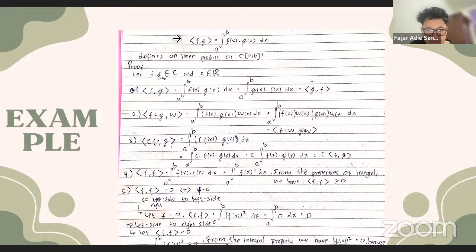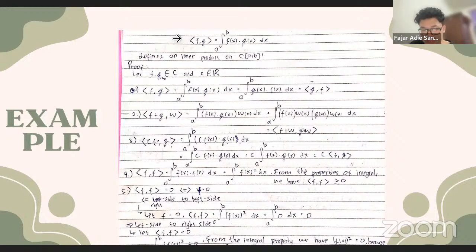Next, number 3. Sesuai yang ada di PPT ini, karena c itu adalah any scalar di bilangan real, maka kita bisa keluarkan dari integral tersebut sehingga kita dapat c integral dari a ke b f(x) tambah g(x) dx, dan by definition integral a menuju b f(x) g(x) dx itu adalah inner product fg.